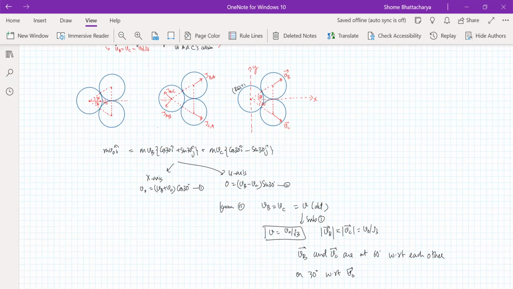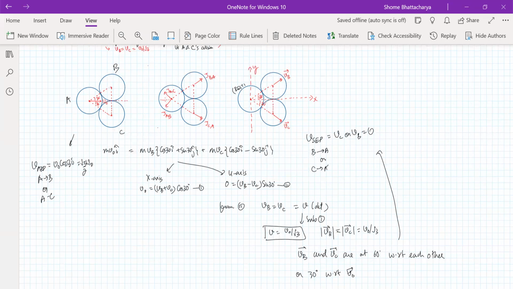Now the coefficient of restitution. In this diagram, whether you look at the pair AB or the pair AC, what is the approach velocity for A towards B or for A towards C? It is v0 cos 30, so root 3 by 2 v0. And now in this diagram, the separation velocity of B from A or of C from A, both of them are having a separation velocity of vC or vB, which is equal to this v.